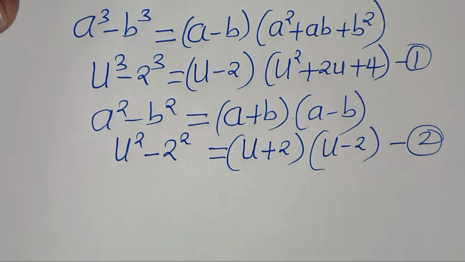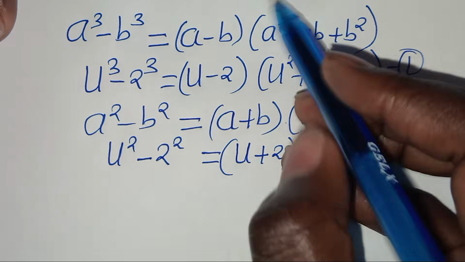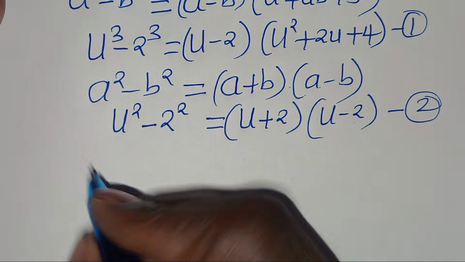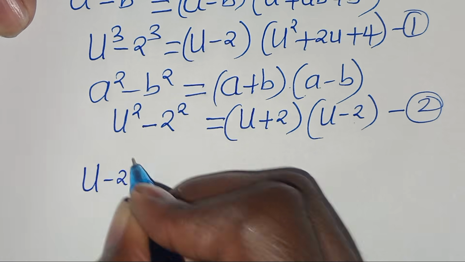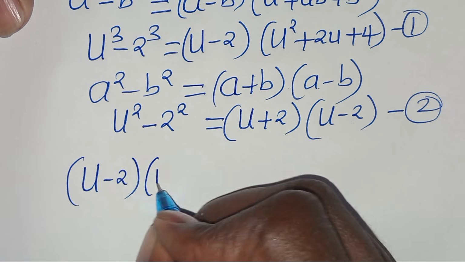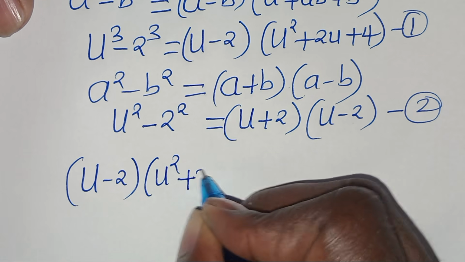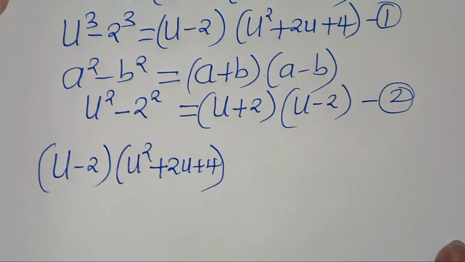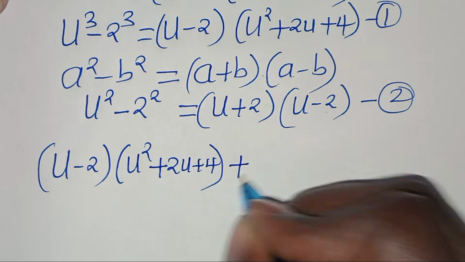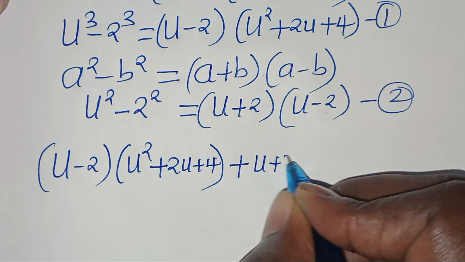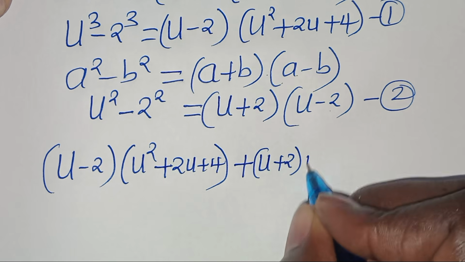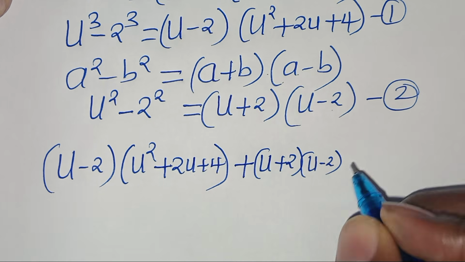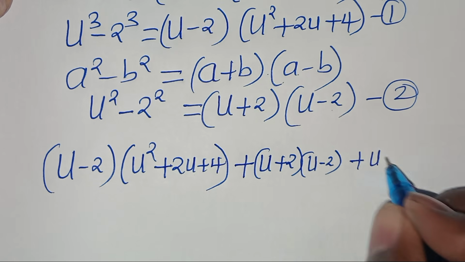Now, let's combine the first part, second part, and third part here, so that we have u subtract 2. This is u to the power of 2 plus 2u plus 4. Then we have plus u plus 2 multiplied by u minus 2, then plus u minus 2.